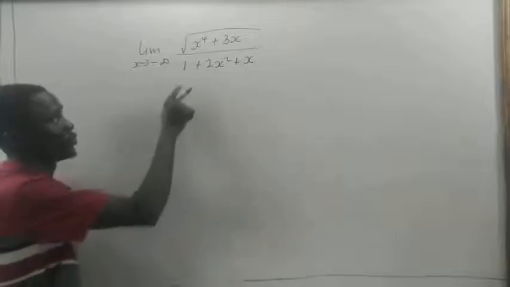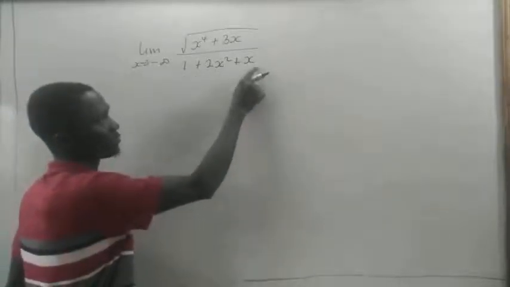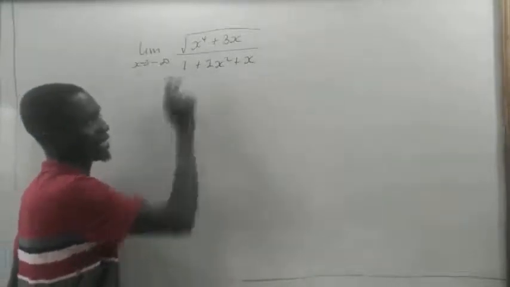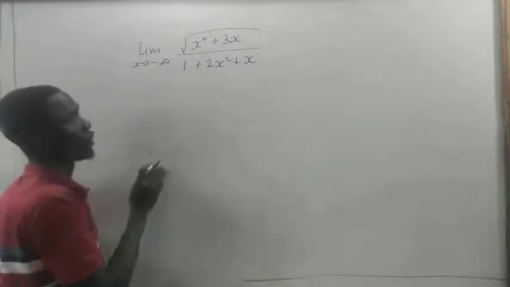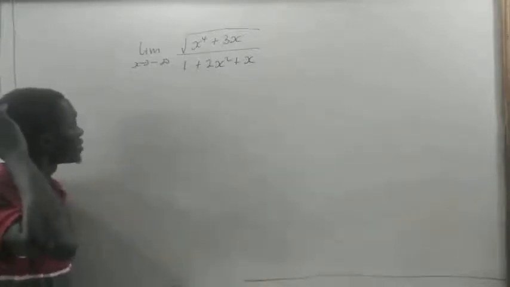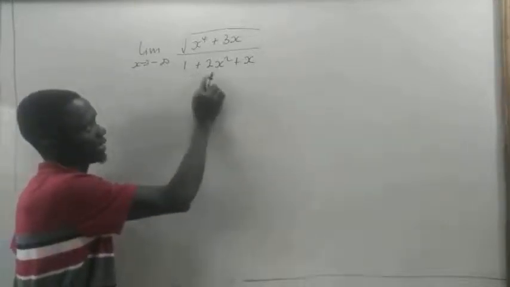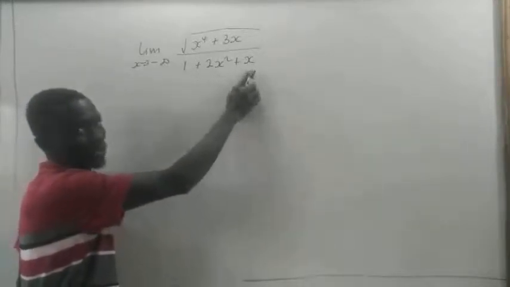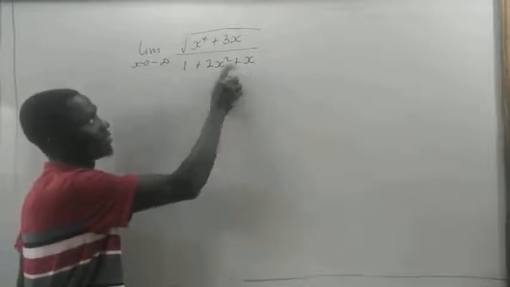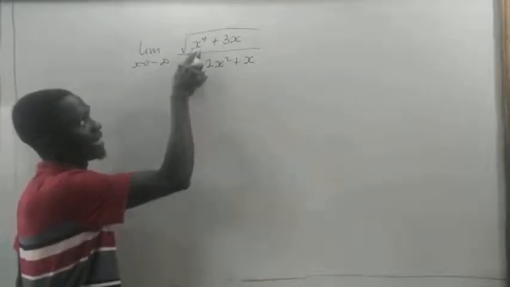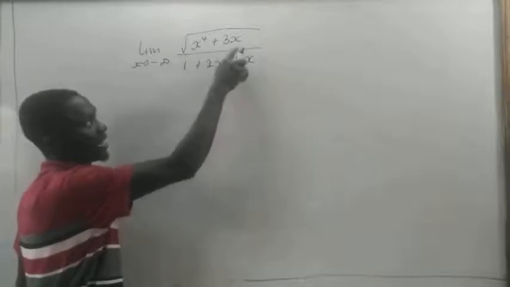You see that if we look at the denominator, the highest power of x here is x squared. So what do we do? Okay. We have to divide this by x squared, this by x squared, and this one also by x squared. And then divide what is inside here by x squared and divide this one also by x squared.